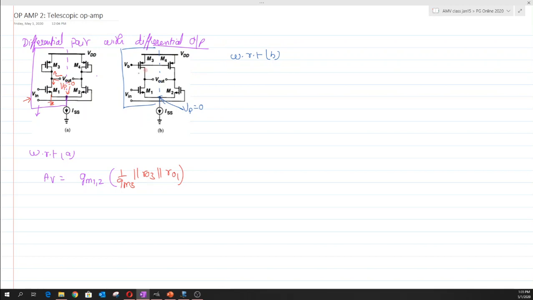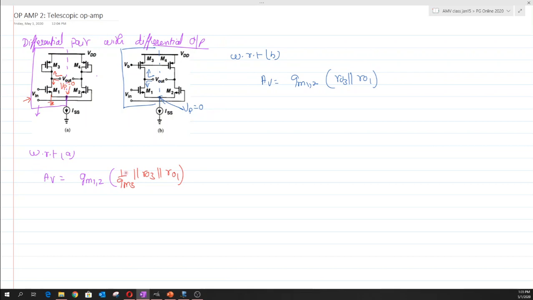It's nothing but a CS amplifier with a current source load, and again the gain could be expressed as the GM of M1 and M2 times the output impedance. When we look up, we are looking into the drain of M3, which gives a small signal impedance of RO3, and when we look down, we end up having a small signal impedance of RO1.